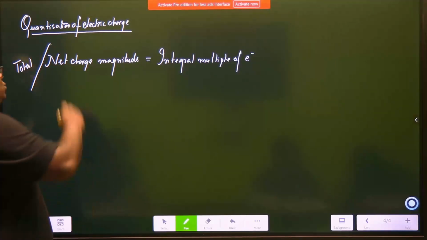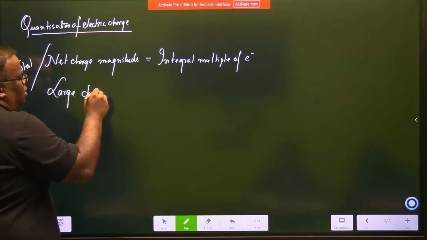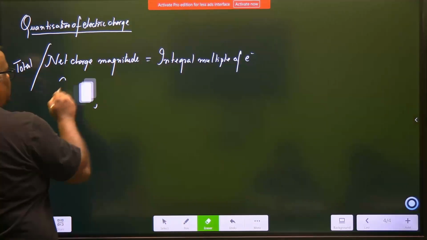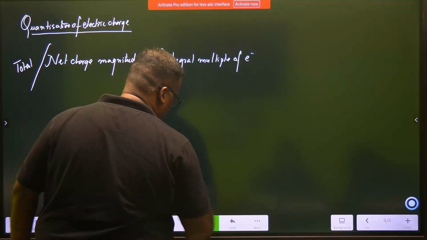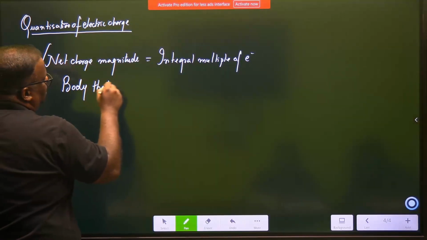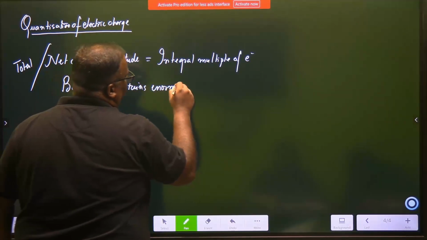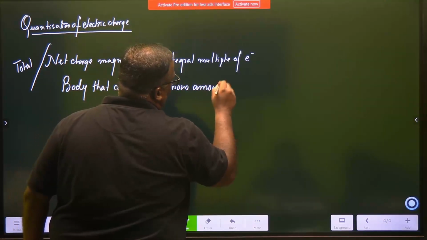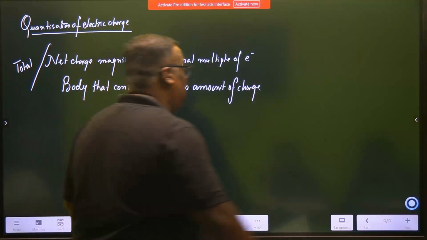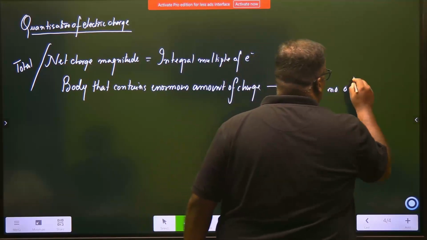Integral multiple. So if I have large charged bodies, bodies containing enormous amount of charge, it means a large number of electrons.